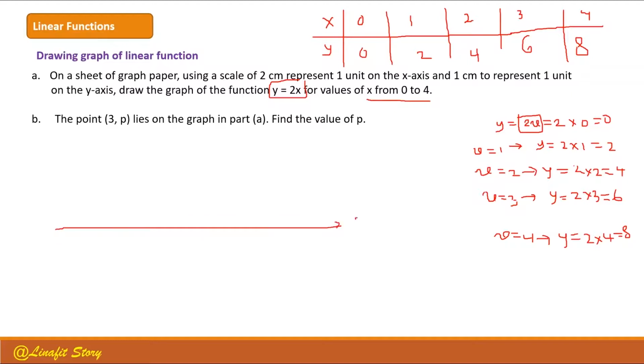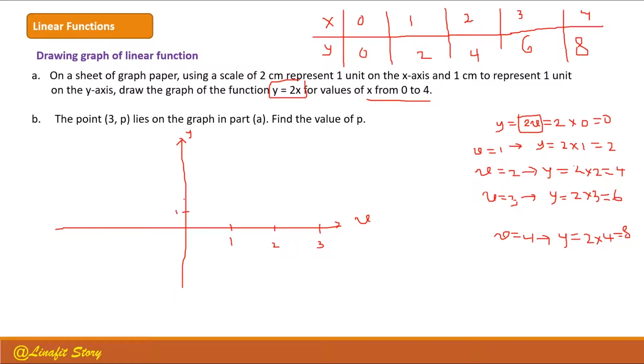The horizontal line is the x-axis, while the vertical line is the y-axis. Using a scale of 2 cm to represent 1 unit on the x-axis. So this is 1, this is 2, this is 3, and so on. And after that, 1 cm to represent 1 unit on the y-axis.